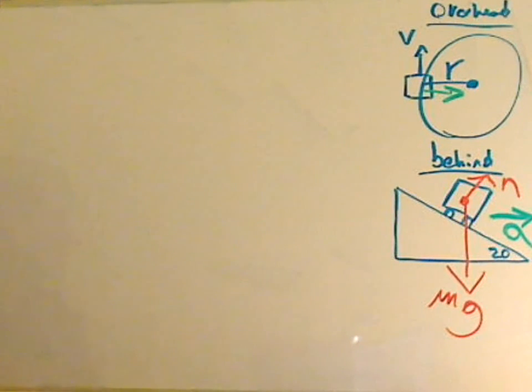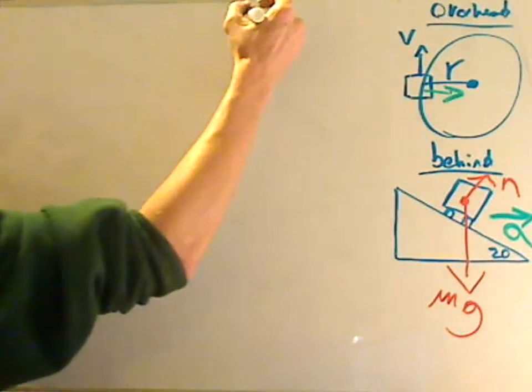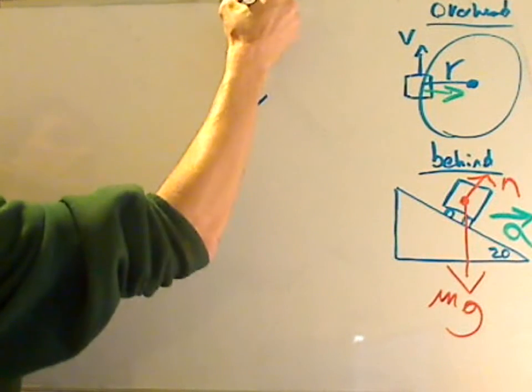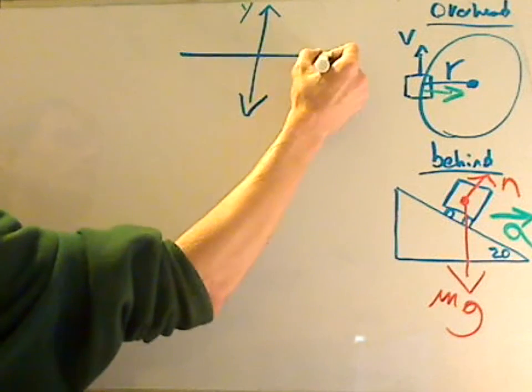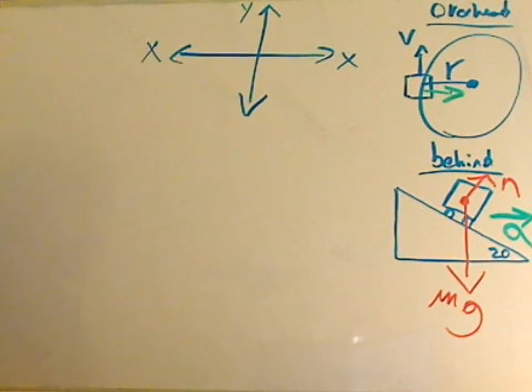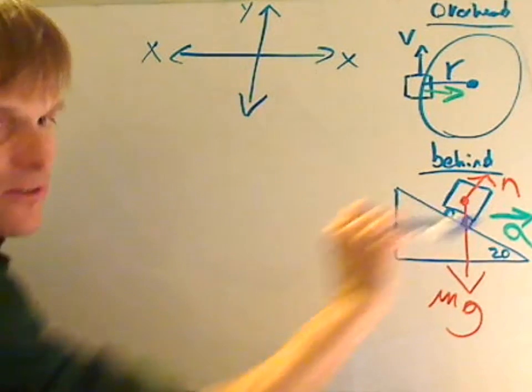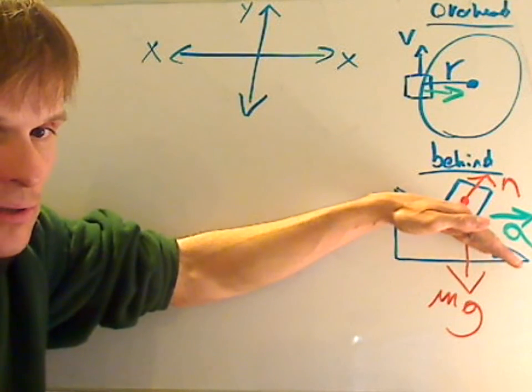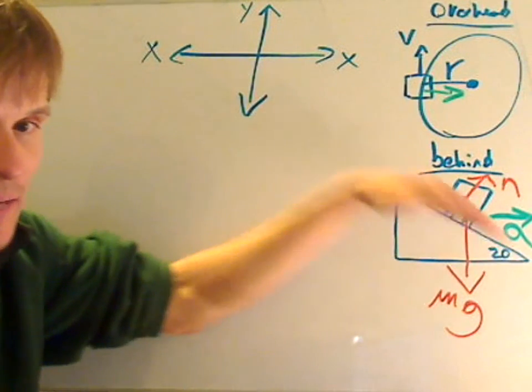So let's draw our free body diagram. So there's our y-axis and our x-axis. And we're choosing our x-axis to be pointing towards the center of the circle. So remember, the acceleration isn't down the slope, okay, because the car isn't sliding up and down the slope here.